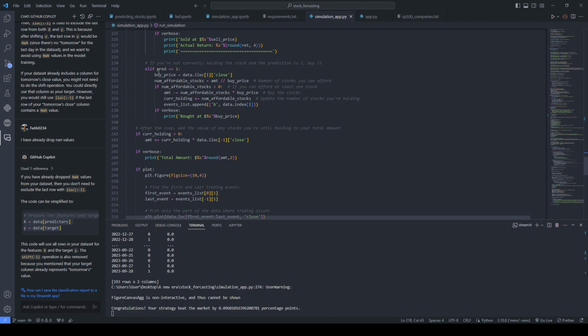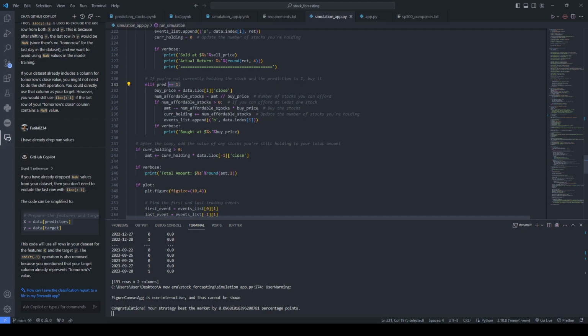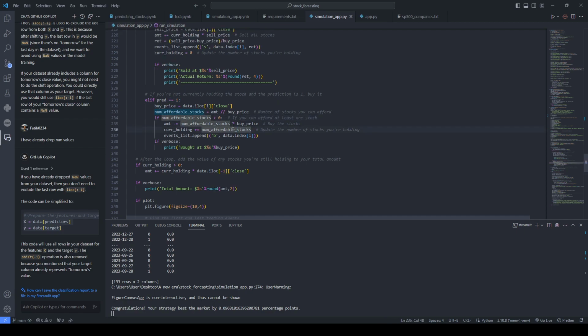Because we think it's going to increase tomorrow, it's the opposite: if the prediction is one, we're buying it, if we have the money. If we don't have the money, we don't buy it.